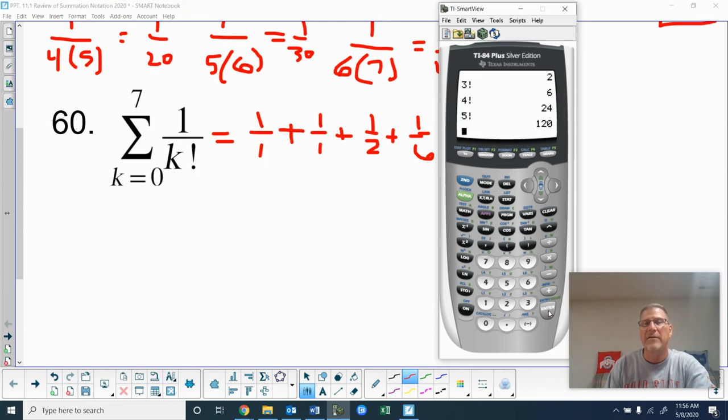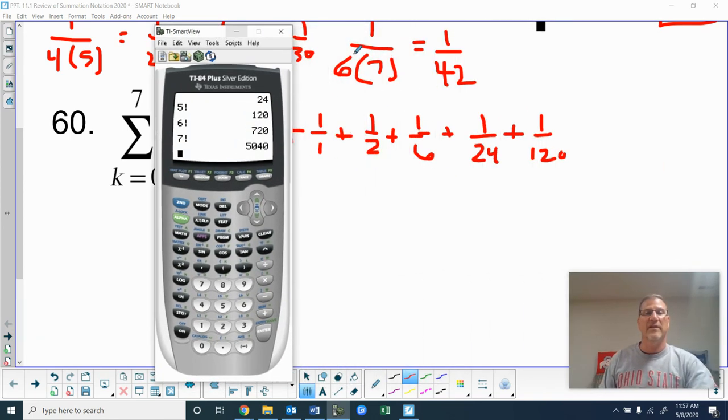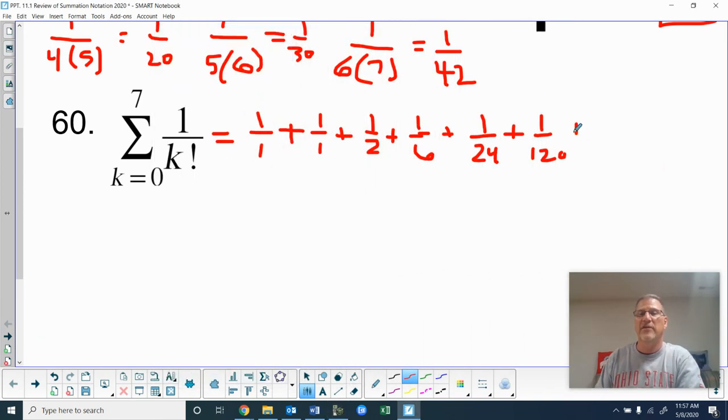And then second enter for these last 2, 6 and 7. Left twice, 6, 720, and then second enter, left twice, 7, 5,040.